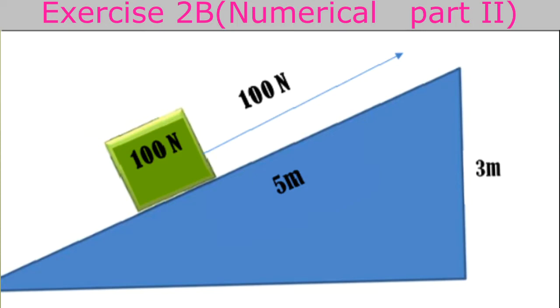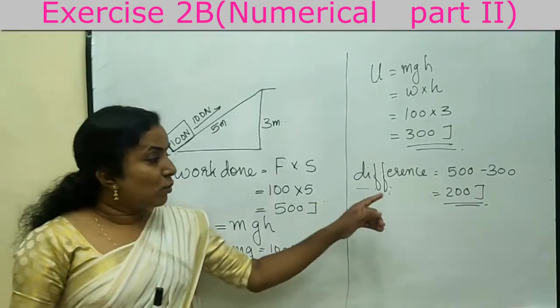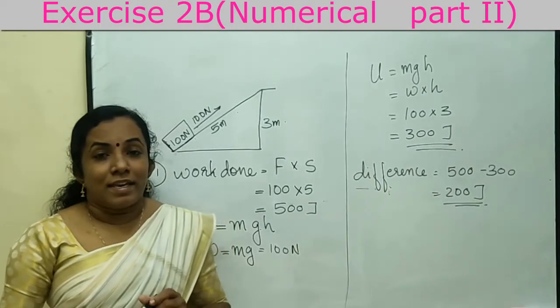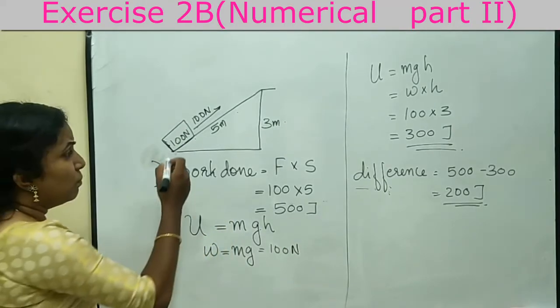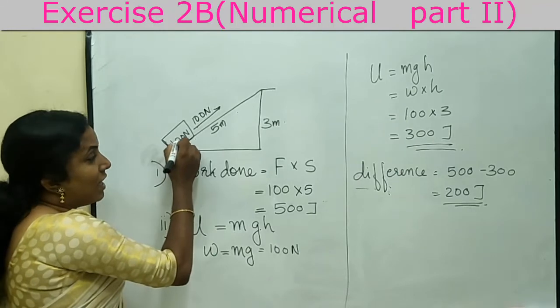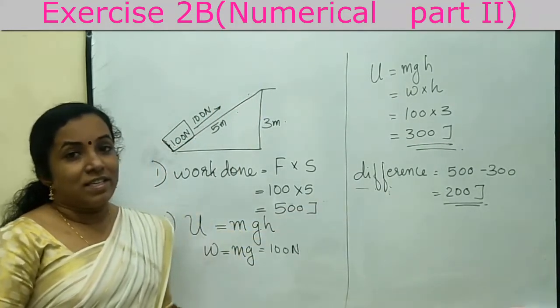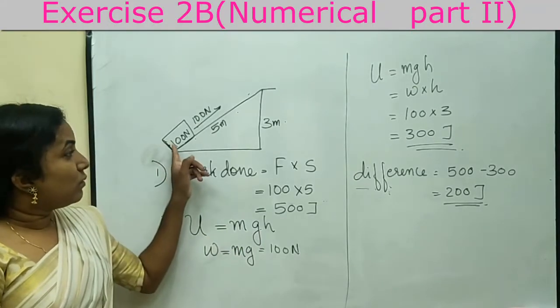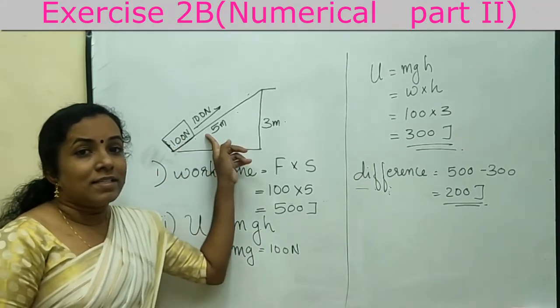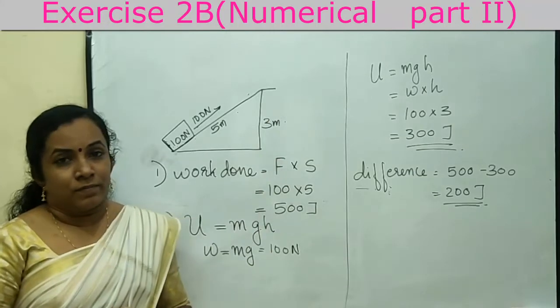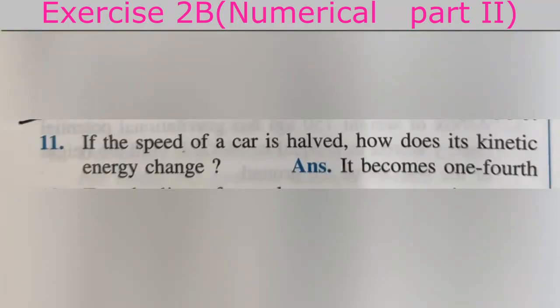On moving this box, work has to be done against the force of friction between the block and the slope. And this 200 joule energy is used to move the body through the slope. So 200 joule of energy is spent in doing work against the force of friction. Let's move to the next question.